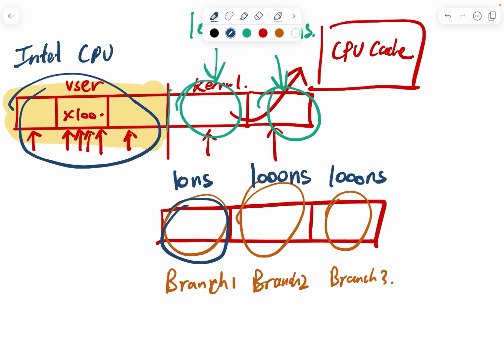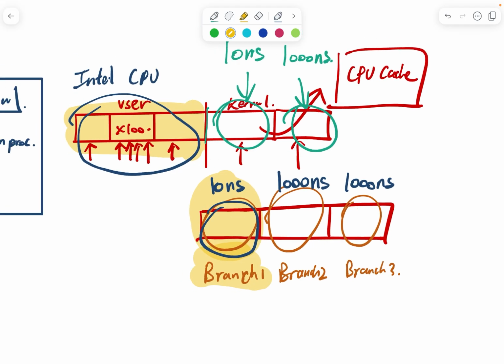So you can confidently confirm that this one is the memory that the kernel program has accessed, so it has executed branch 1. And by doing this, you can understand which branch it took in the kernel program, and now you get the sensitive information of the kernel.